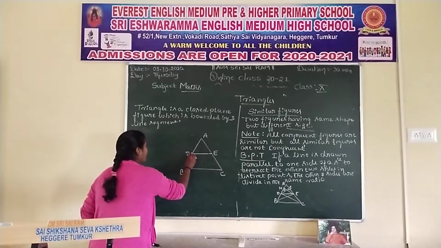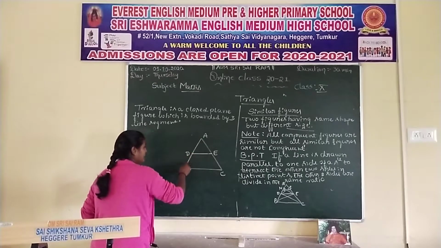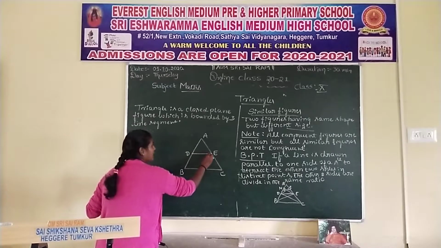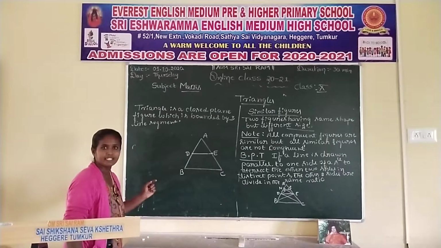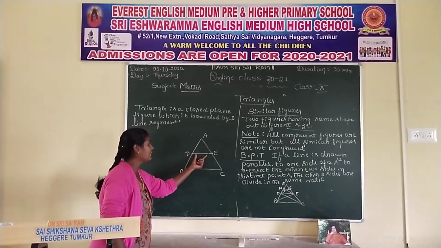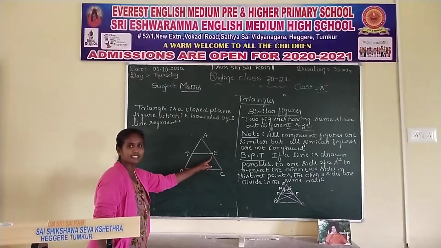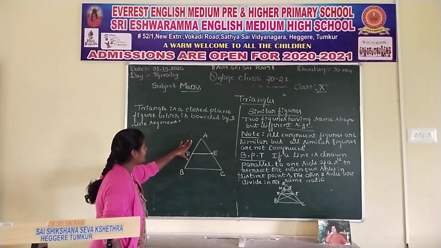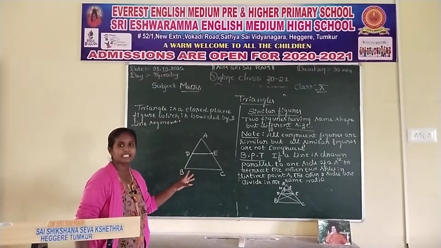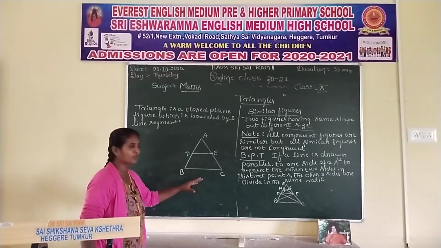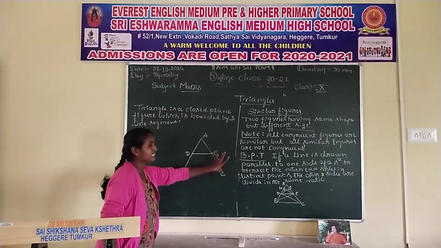Here I marked point D on line segment AB and point E on AC. We draw this parallel line and get 2 points, which means the lines AB and AC are divided in the same ratio.